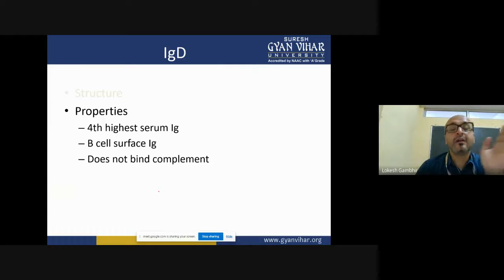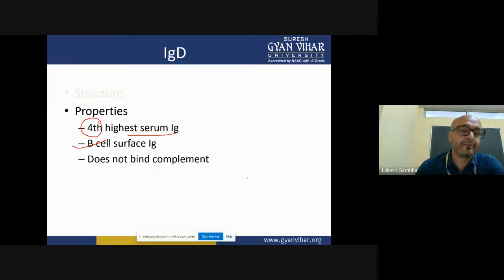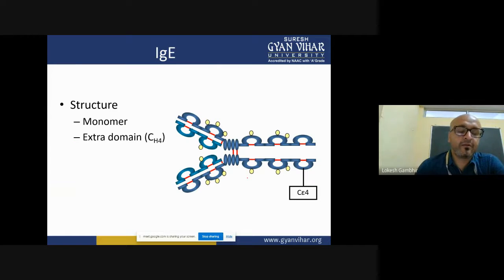So based on glycosylation pattern, we identify that yes, this is IgD. It's a B cell surface antibody, as I told you. It's the fourth highest serum immunoglobulin inside our body, and it is not able to activate the complement pathway. The complement pathway is activated by IgG and in some cases IgA. So that is all about IgD.